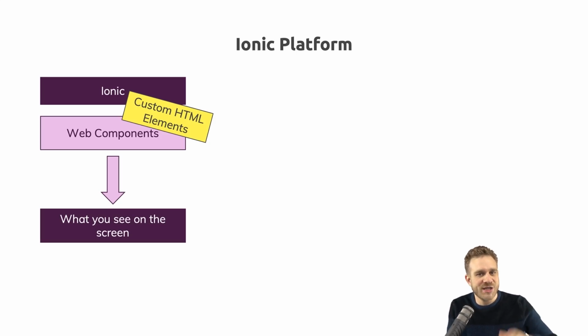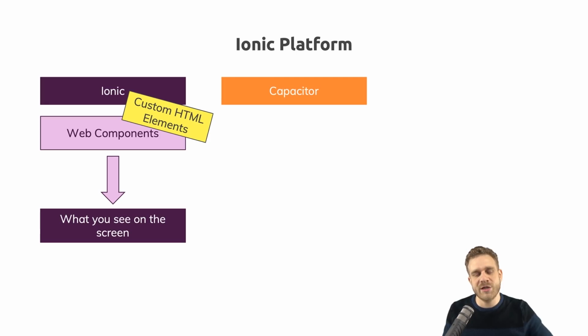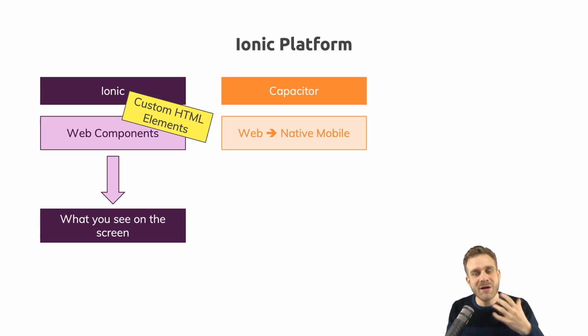Because Ionic is not just this suite of components, Ionic is also the name of the company which developed these components. And this company has more than just this component suite. It also worked on a tool named Capacitor. Now, Capacitor is essentially a tool that is capable of taking your existing web app and wrapping it into a so-called WebView into a native mobile app.